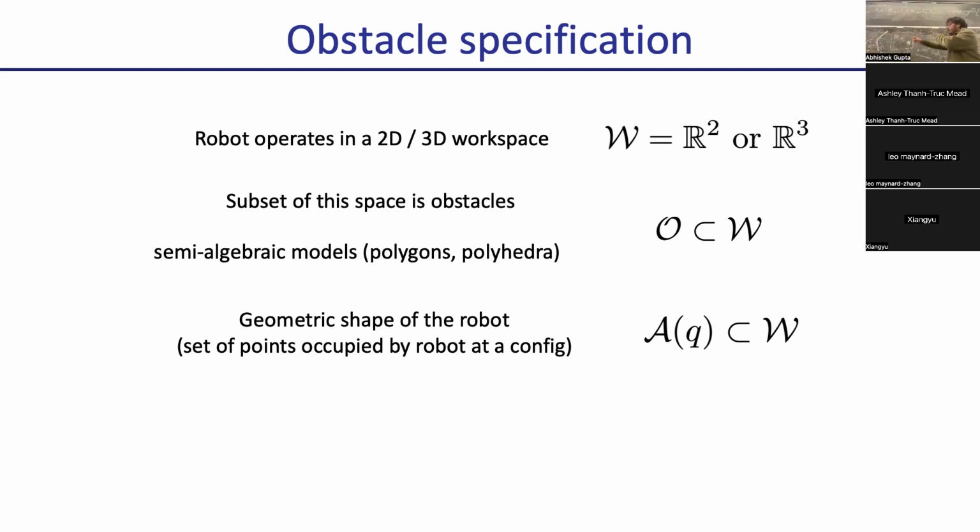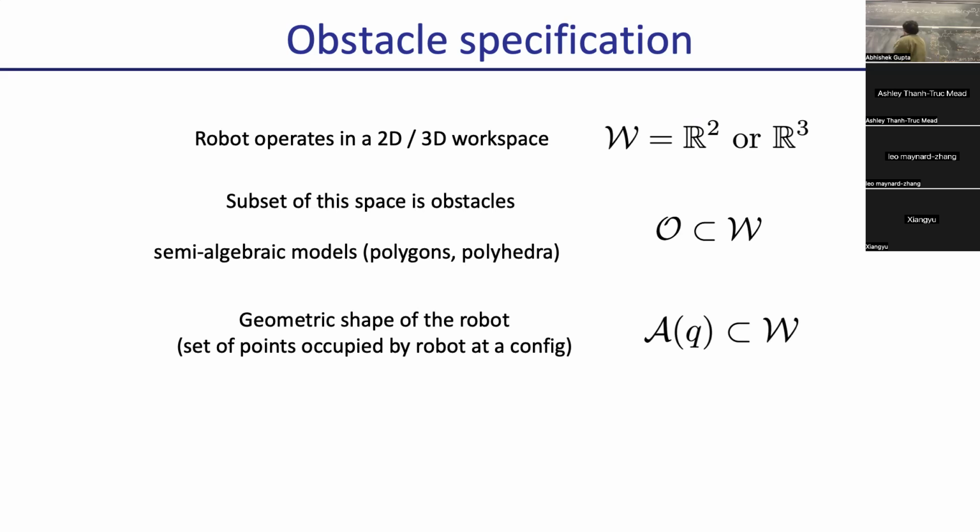And so this A(q) function, for notation's sake, is saying, given some q in configuration space, you're going to map into the set of points or the submanifold that the robot is going to occupy at any point. Let's do this on the board.